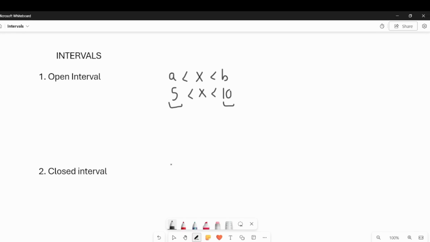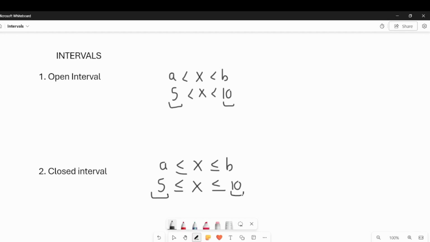And in a closed interval, what do we have? We have x greater than or equal to a and less than or equal to b. If I again put the same values here, this will become x is greater than or equal to 5 and less than or equal to 10. That means x can take any values in between 5 and 10, and it can also take 5 and 10 in its values.